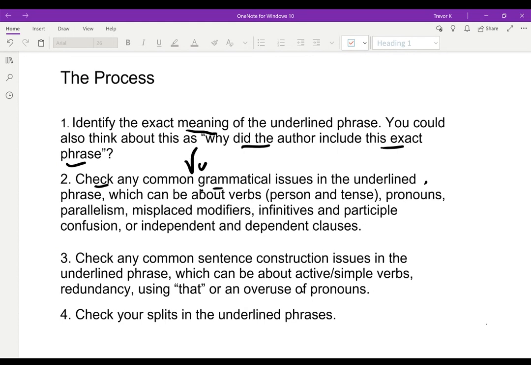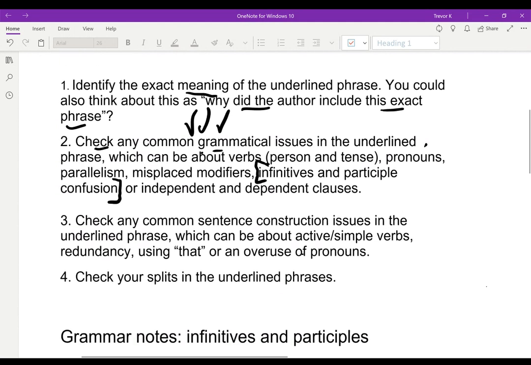So we just check in the underlined phrase, which can be about verbs, pronouns, parallelism, misplaced modifiers, infinitives and participle confusion, or independent dependent clauses. So we already went over parallelism. Today we'll be going over infinitives and participle confusion. And then our third step is going to be checking sentence construction issues, which we can ignore for now. And the last step is checking splits.